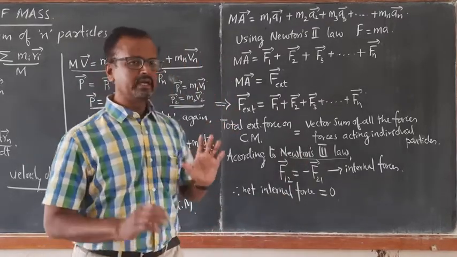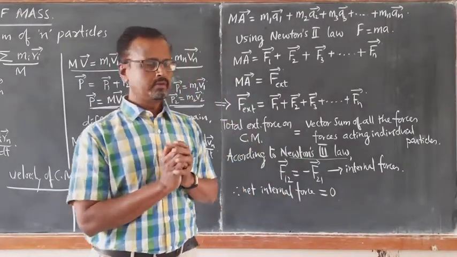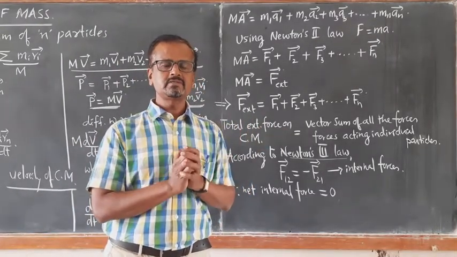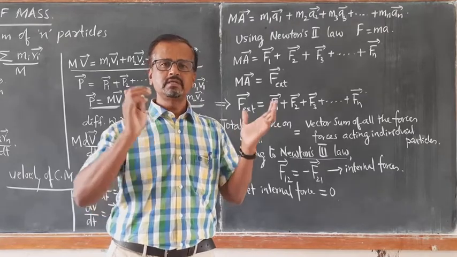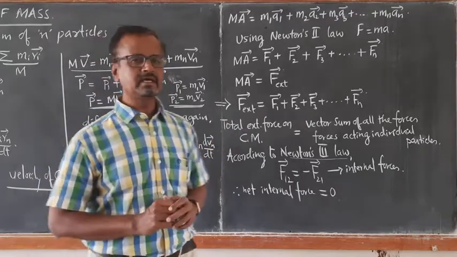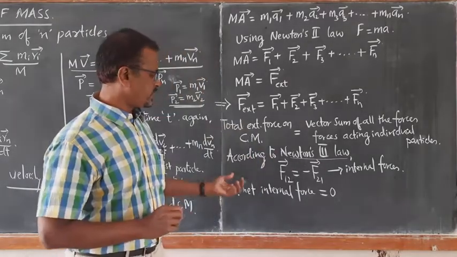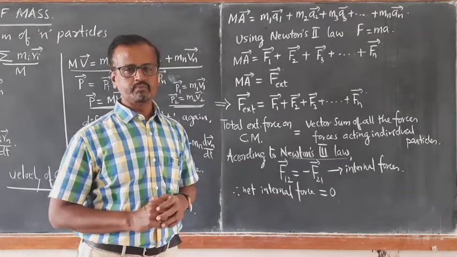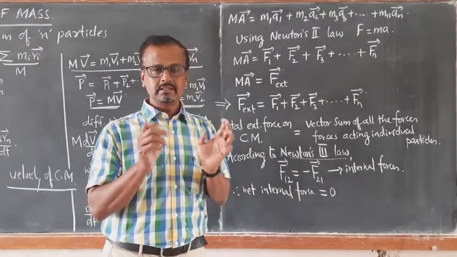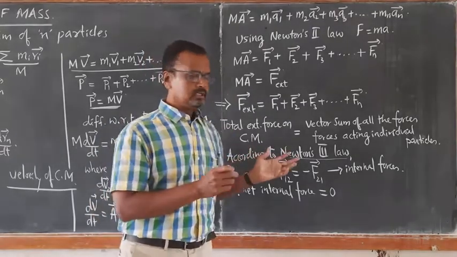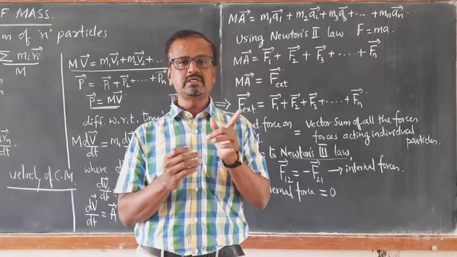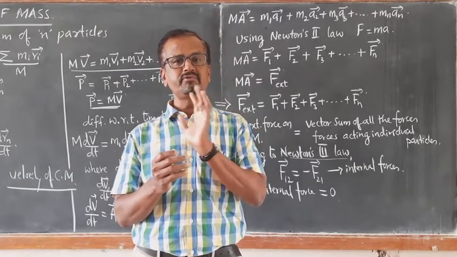So, impact of only external force is observed whenever there is a motion of system of n particles, or a motion of a rigid body consisting of n number of particles. That is the meaning of this entire discussion. So, impact of internal force is 0. It means internal forces do exist, but according to Newton's third law, because of interactive internal forces, F12 is equal to minus F21.